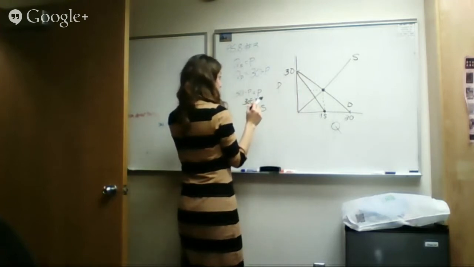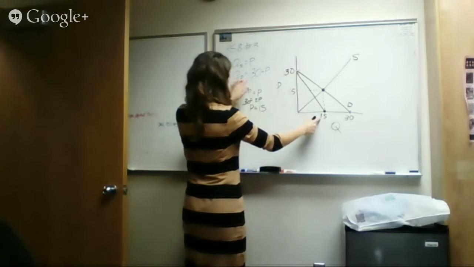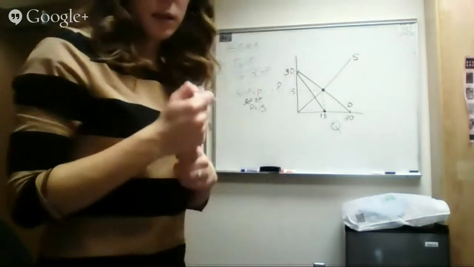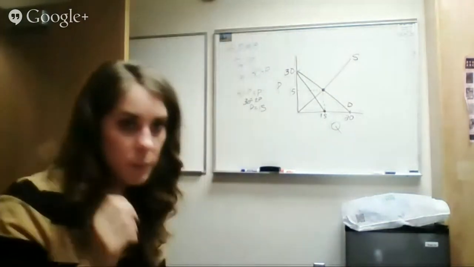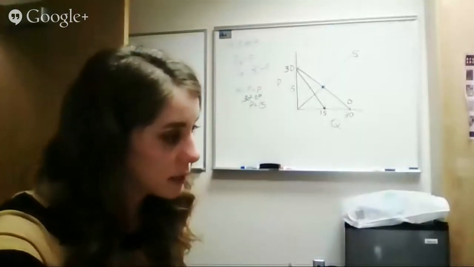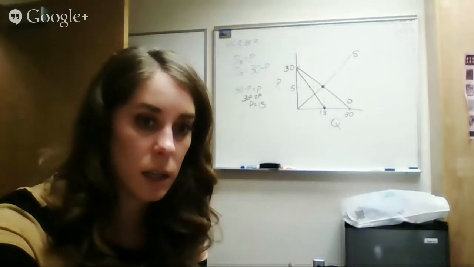And the price is going to be 15 as well. You get that by plugging 15 into one of these equations. So the quantity they're going to sell is 15. That's part B. The price that they're going to sell at is also going to be 15, which is part C.